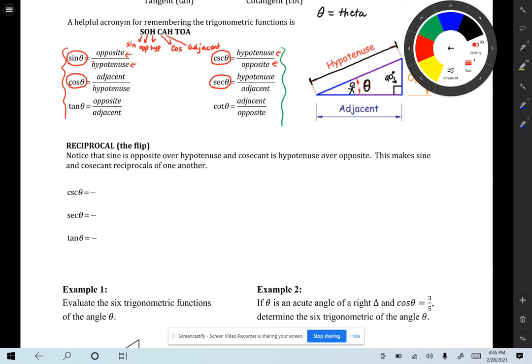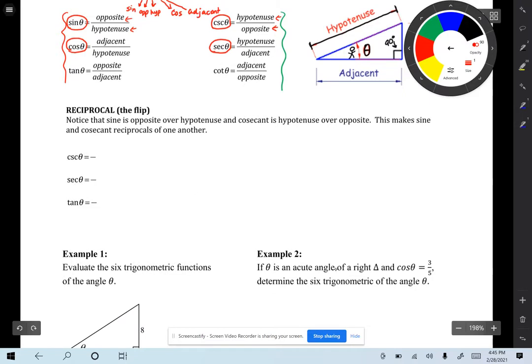So we are going to say cosecant is the reciprocal of sine, so it's 1 over sine. Secant is the reciprocal of cosine, and cotangent is the reciprocal of tangent. So they are reciprocals of one another, and I am going to write.